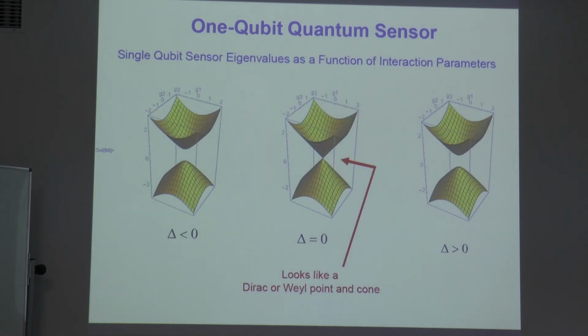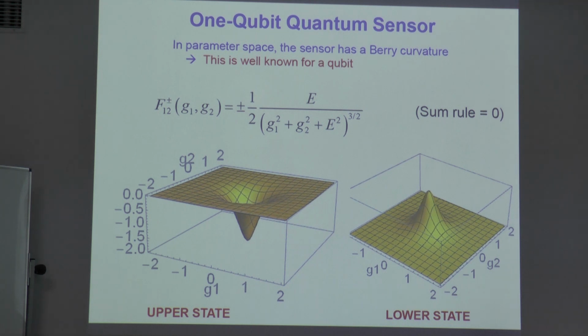Okay, and so if you plot the eigenvalues for the single qubit quantum sensor, this is as a function of the gap. It just looks like that. When the gap closes, this looks like a Dirac or Weyl point, and then it changes sign. You get something that looks like that. This is for the one-qubit quantum sensor, but it's exactly what happens in this band theory for two-dimensional materials.